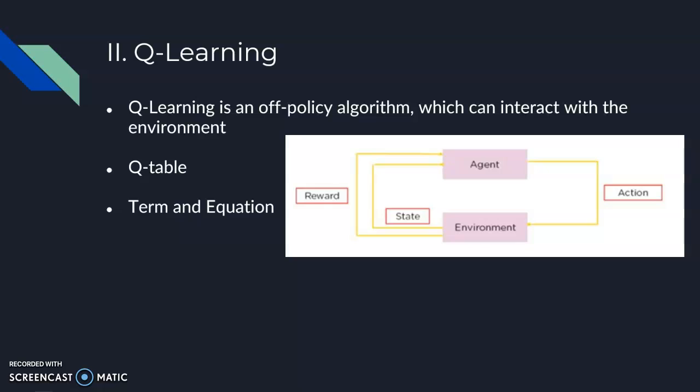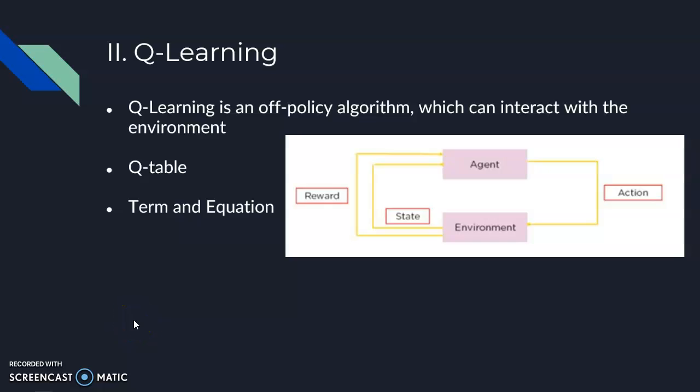It selects the action at random to maximize the reward, given the present state of the agent. Q-learning is model free, a policy reinforcement learning that will determine the optimum course of action. The agent will pick what action to do next based on where it is in the environment.